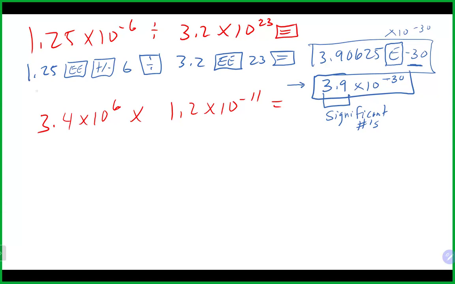The original number here has 3 significant figures because there are 3 numbers before the times 10 part. This one has 2 significant figures because there are 2 numbers before that. As we'll talk about, when you divide or multiply, your answer should have the same number of significant figures as the one with the least. So in this case, that's why we rounded it to 2 significant figures, or 3.9.